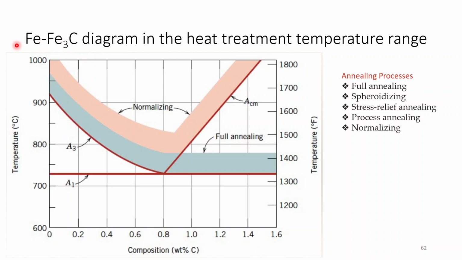Then you have the iron carbide diagram in the heat treatment temperature range. You have different types of annealing: full annealing, spheroidizing, stress relief annealing, process annealing and normalizing. In case of normalizing, you are heating to higher temperatures compared to annealing.